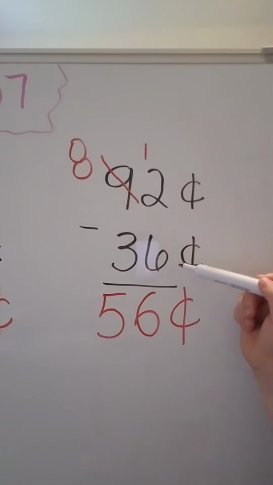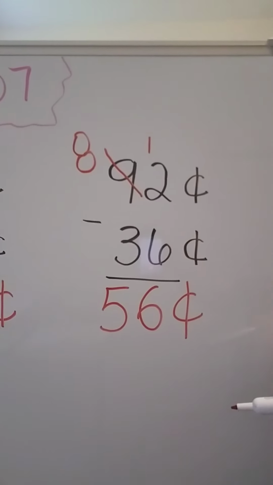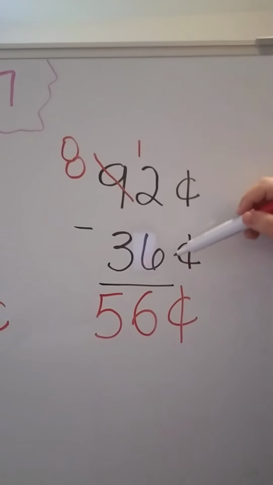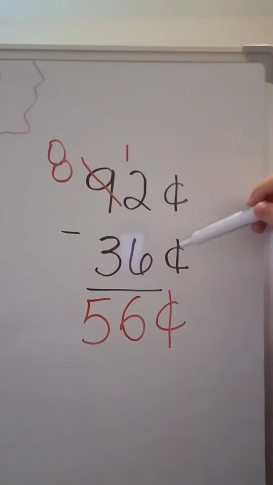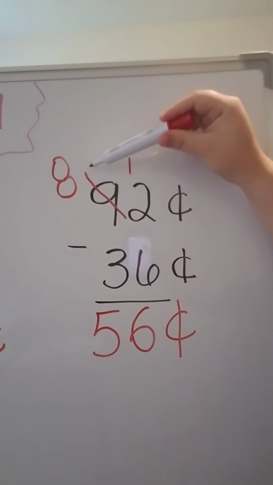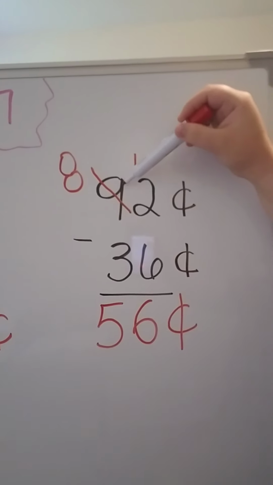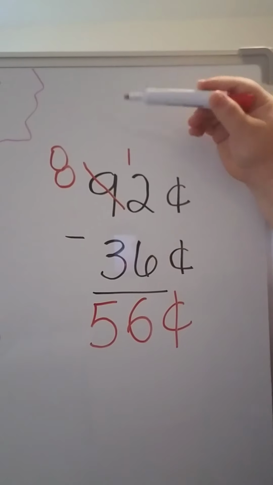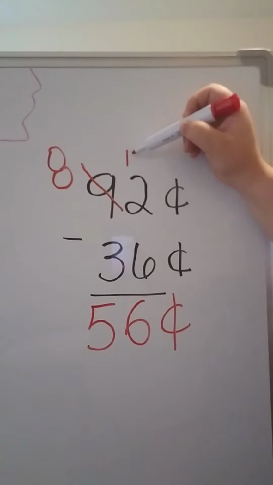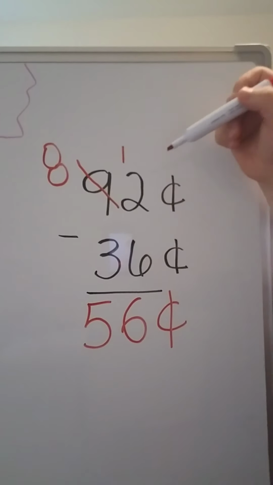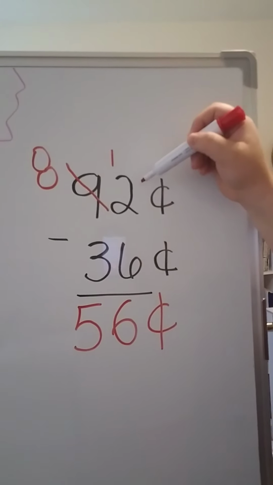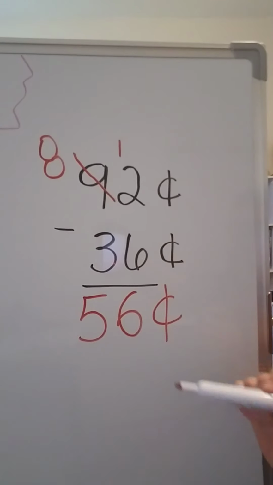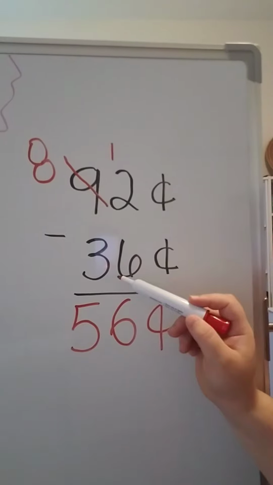So 92 minus 36 equals 56. Here we didn't have enough pennies to subtract 6 from, so we had to borrow a dime from the 9 dimes. So now we have 8 dimes left. We'll put the 1 dime that we borrowed here. A dime is worth 10. 10 plus 2 pennies is 12. 12 minus 6 is 6. And then 8 minus 3 is 5.